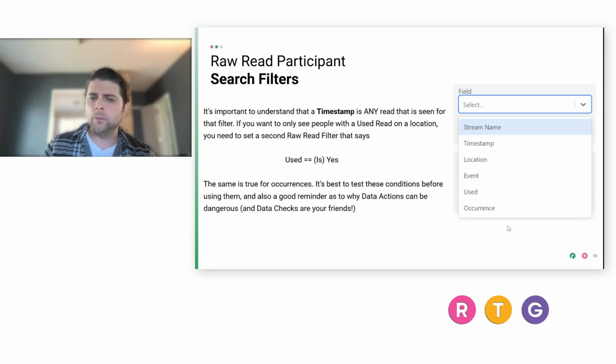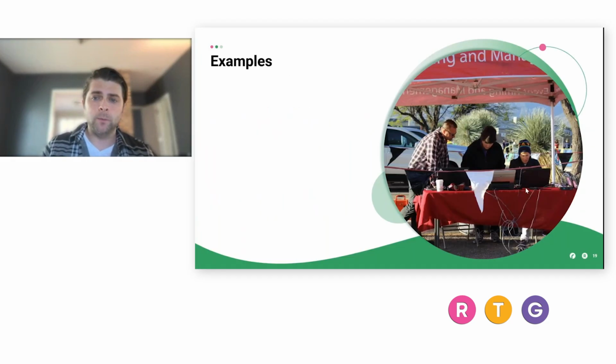And it's also a good reminder why data actions can be a little bit dangerous if they're firing automatically and you haven't tested them all the way. We'll cover a really good example later, but if you were to say used occurrence, but that was being held out by either gap factor or minimum segment time, that would not be returning participants the way that you'd expect them to.